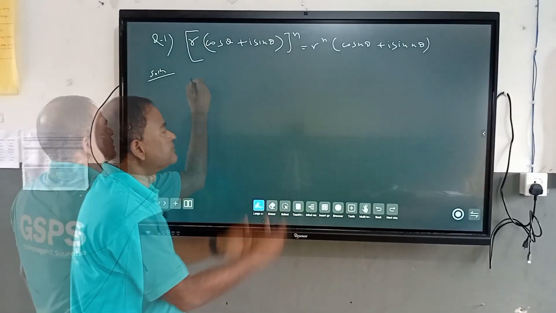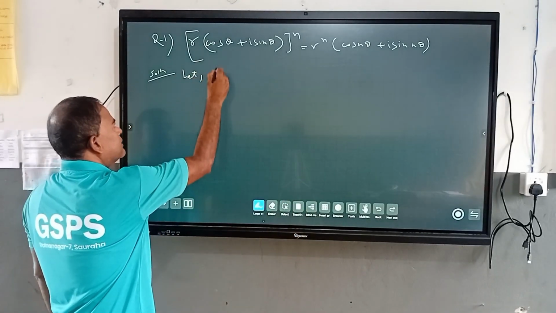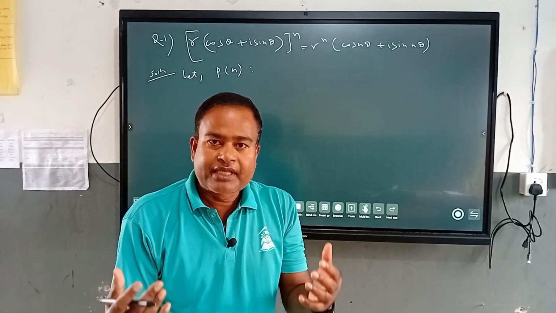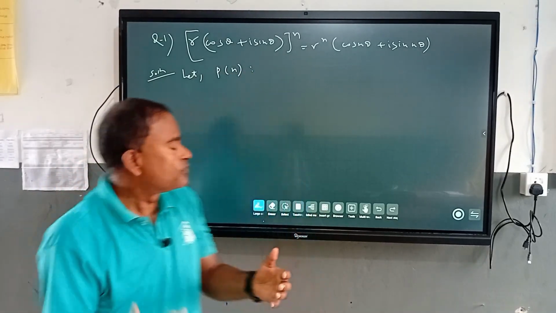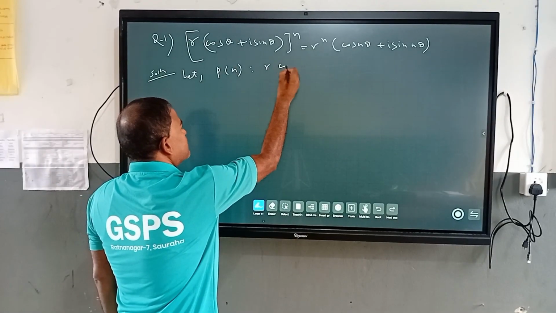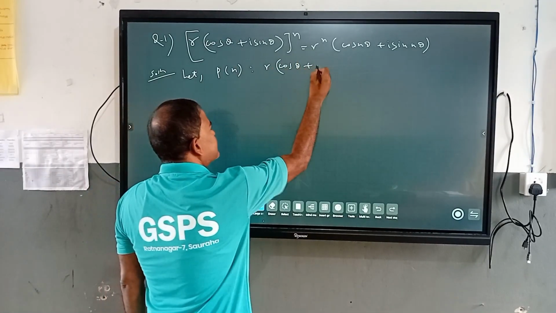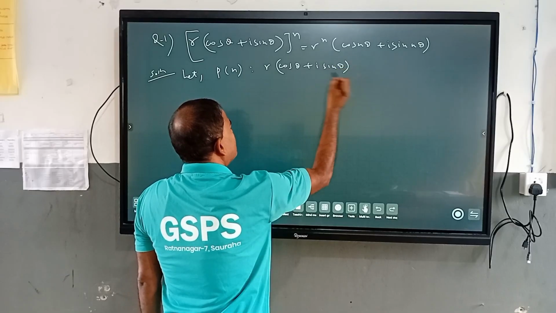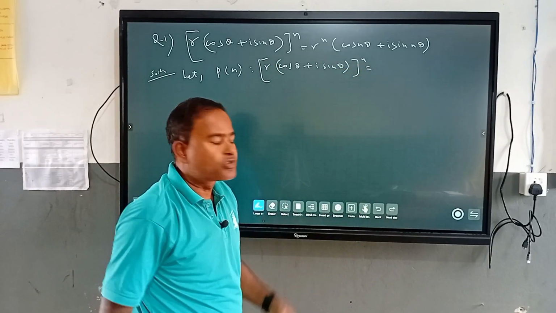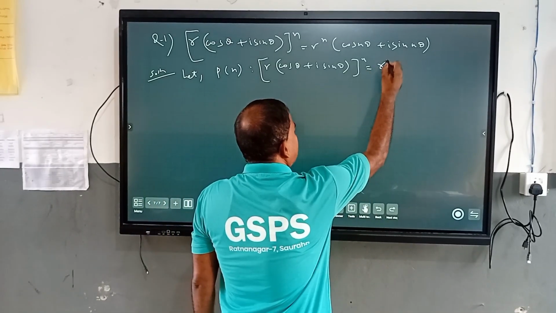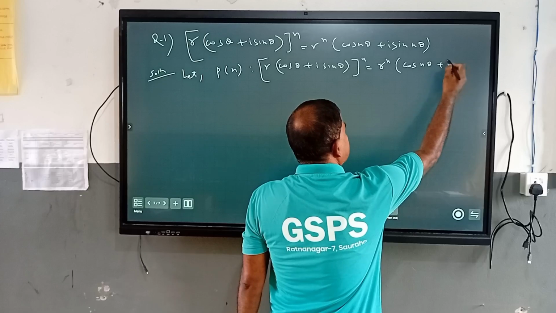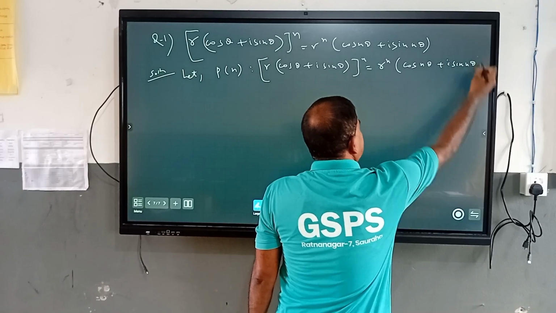So here we go. In mathematical induction method, the given statement we suppose as Pn. So Pn equals (r(cos theta + i sin theta))^n, which we have to show equals r^n (cos n theta + i sin n theta).